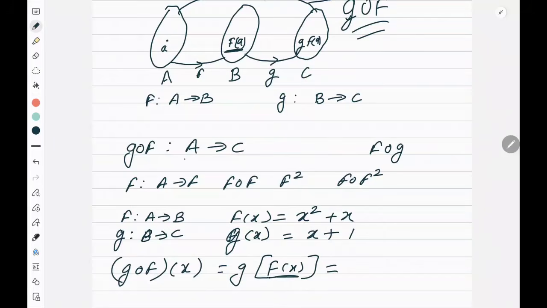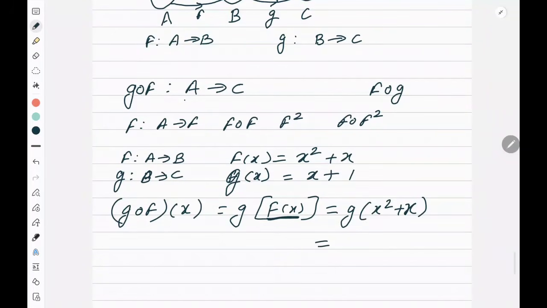Now what is the value of f(x)? f(x) is equal to x square plus x. Now I need to apply g on this. What is the definition of g? x plus 1. So now in place of x I should substitute this. So x square plus x plus 1 will be the answer. Usually we prefer to take a different variable y here to differentiate, since they are different functions.